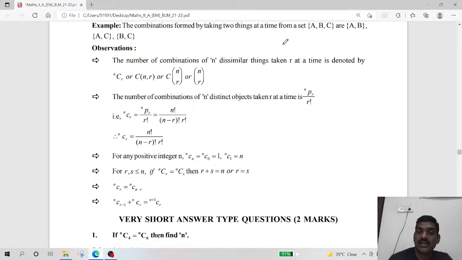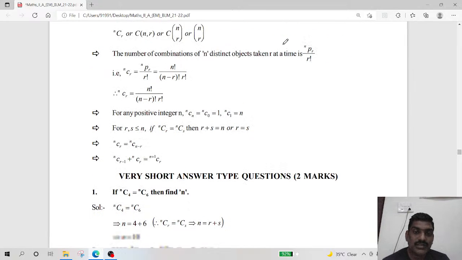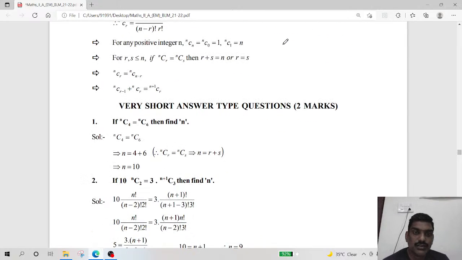That is the reason we are dividing nPr by r factorial, so that we get nCr is nothing but n factorial divided by n minus r factorial times r factorial. And these are the values nCn, nC0, nC1. You know all these values already. And nCr equals nCs is possible if and only if r plus s is equal to n or r is equal to s.